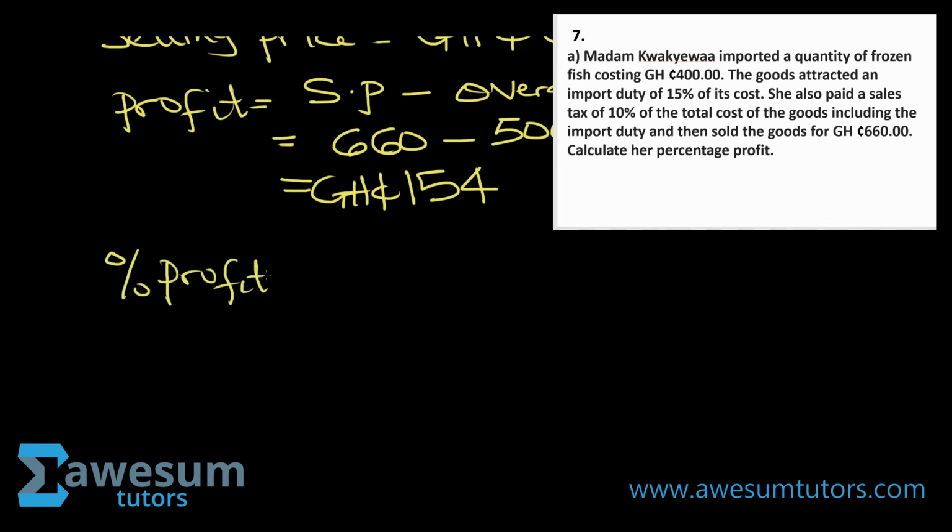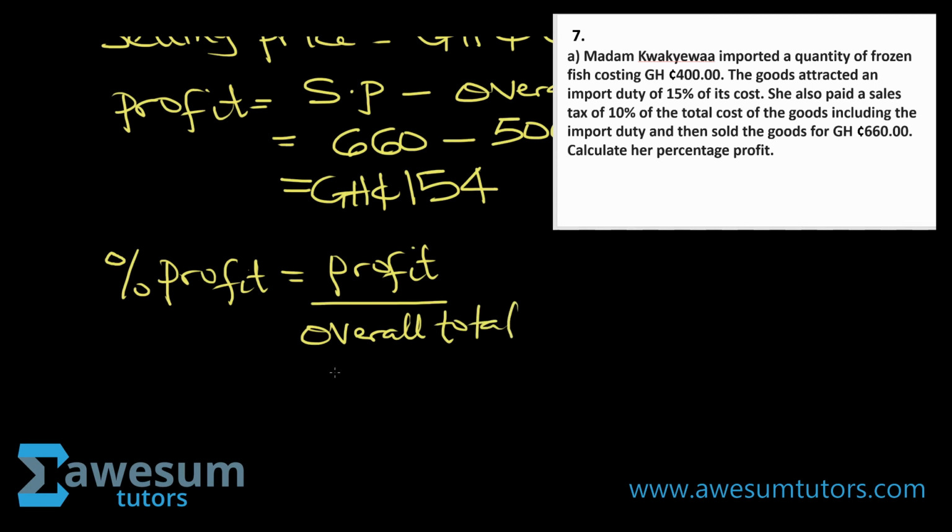Percentage profit is going to be the profit divided by that overall total cost price we mentioned, times, because it is percentage, 100 over 1. So now, what is the profit? 154 right here.